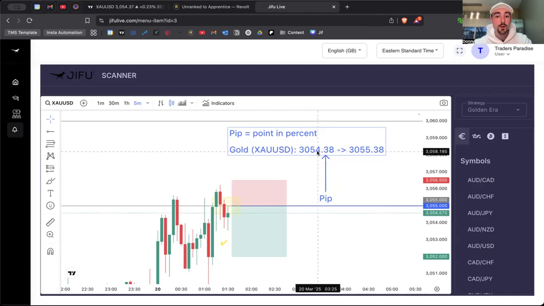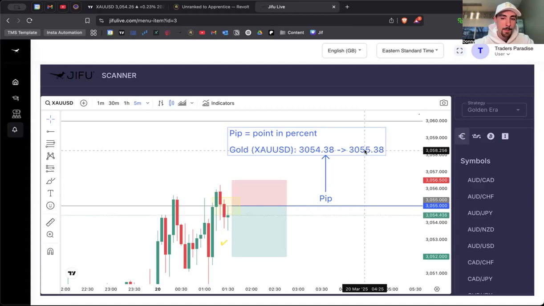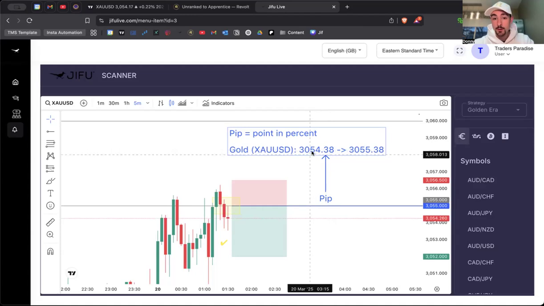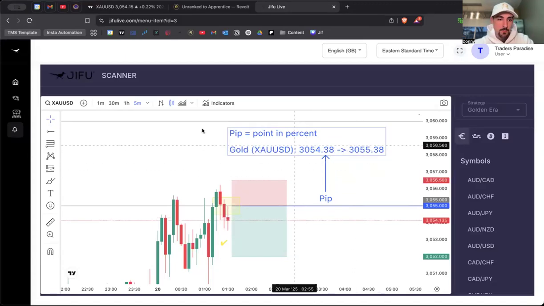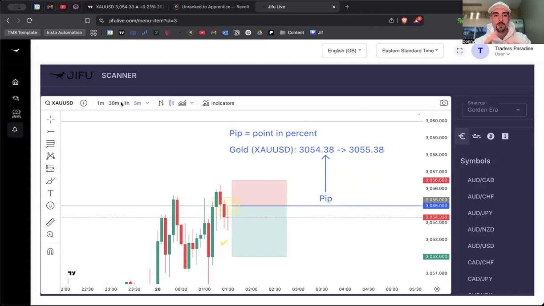So if we had a $1 fluctuation, like we do here, this is a 10 pip difference. If we were to see this five turn into a six, that's a 100 pip difference, and so on and so forth. So that's the basics I can give you in terms of calculating it, but there's some really good video content that goes into it in a lot more detail in the actual GFU Academy as well.